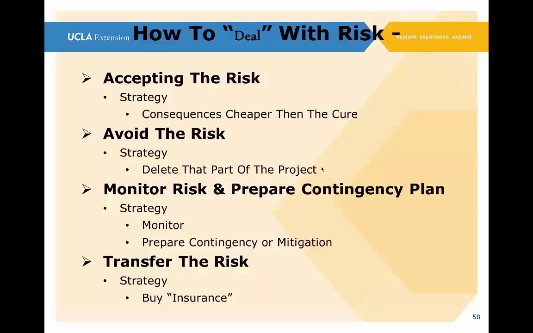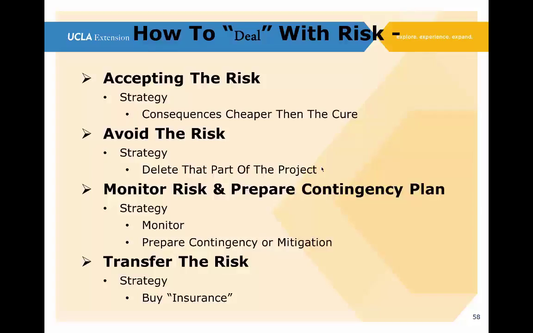So these are the four major strategies that we use when we start to analyze and manage our risks. Once we know the risk, the impact, and the probability it's going to occur, then we look at which strategy we're going to apply. Can we avoid the risk, like de-scope it, take it out of the contract like I talked about?